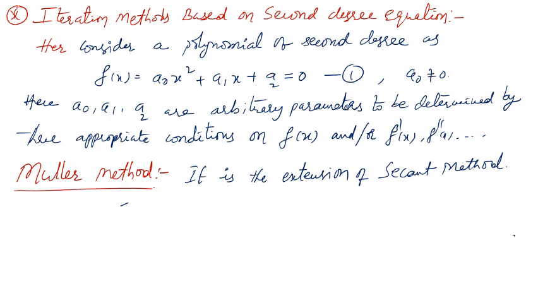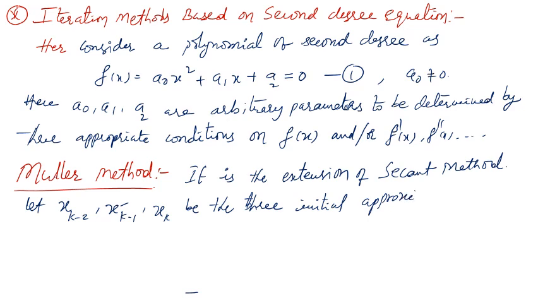Then here, to get the second degree polynomial, we consider three approximations. Let xk minus 2, xk minus 1, xk be the three initial approximations to the exact root psi of f of x equal to 0.